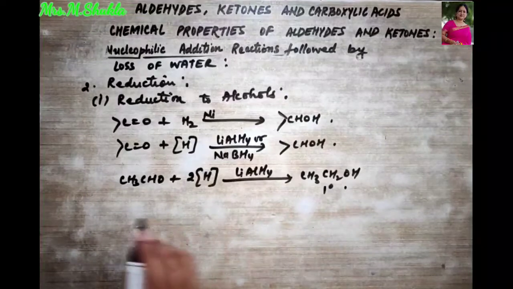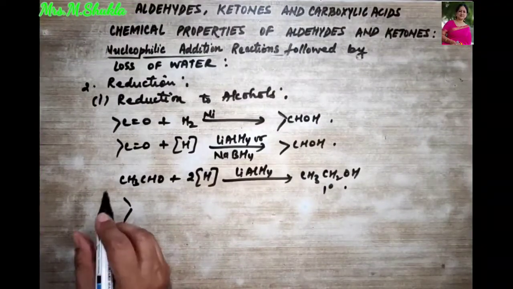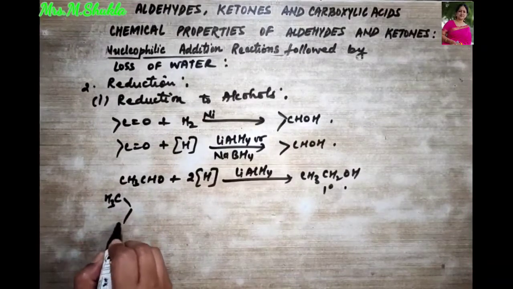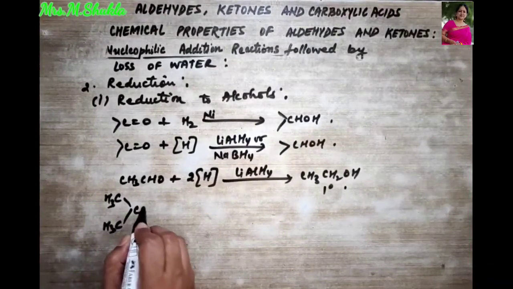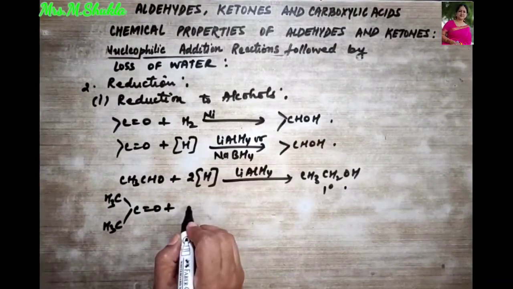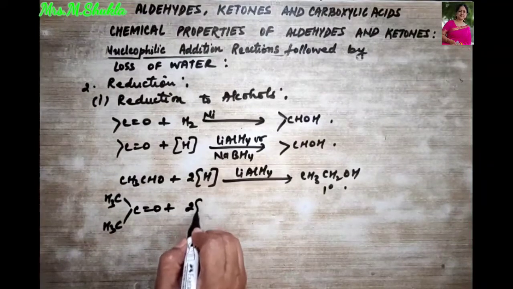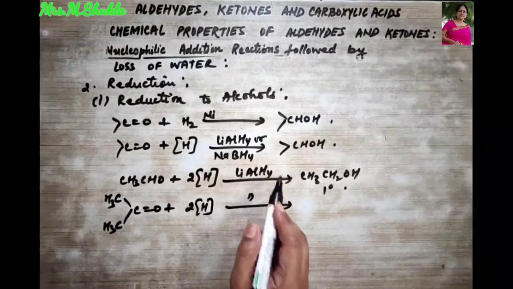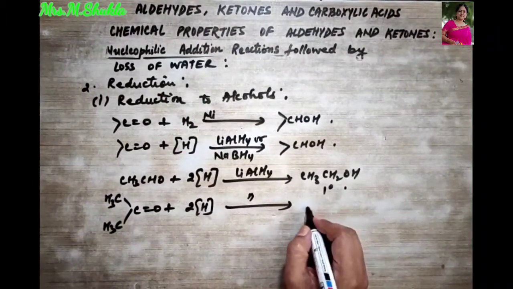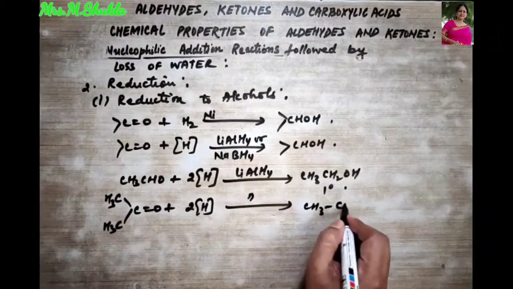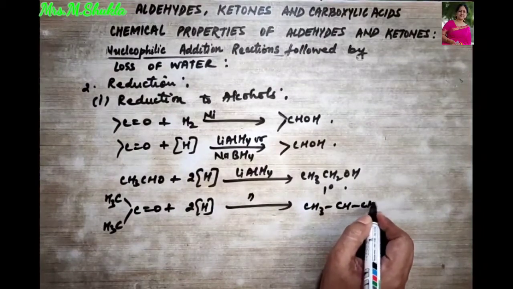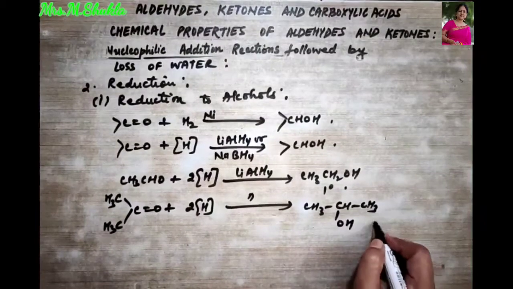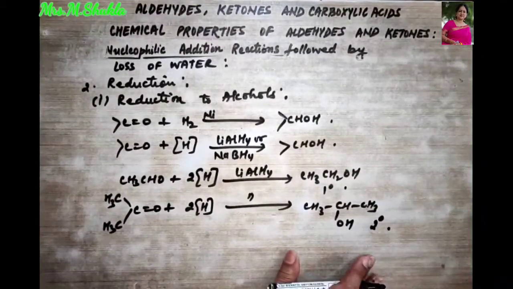Then let's talk about acetone. CH3COCH3, when reduced in the presence of lithium aluminium hydride, is going to give us CH3CHOHCH3. So what is this? This is your secondary alcohol.